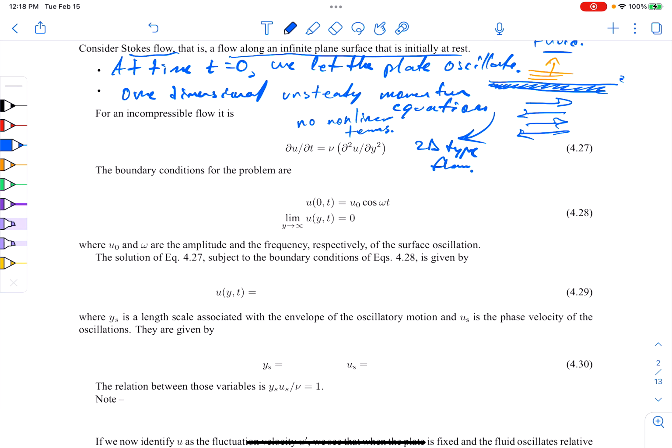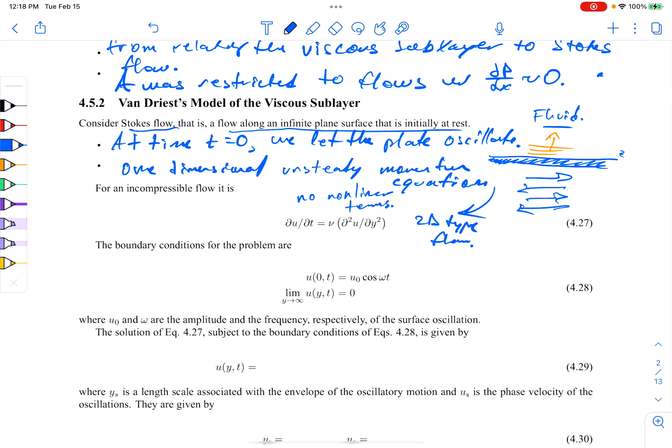Okay. Here are the boundary conditions. Far away from the wall, way up here, we'll say u is 0 at all times. That's infinitely far away. And along the whole x-axis here, at time t, we'll let the boundary condition go as some magnitude, u naught, times cosine omega t.